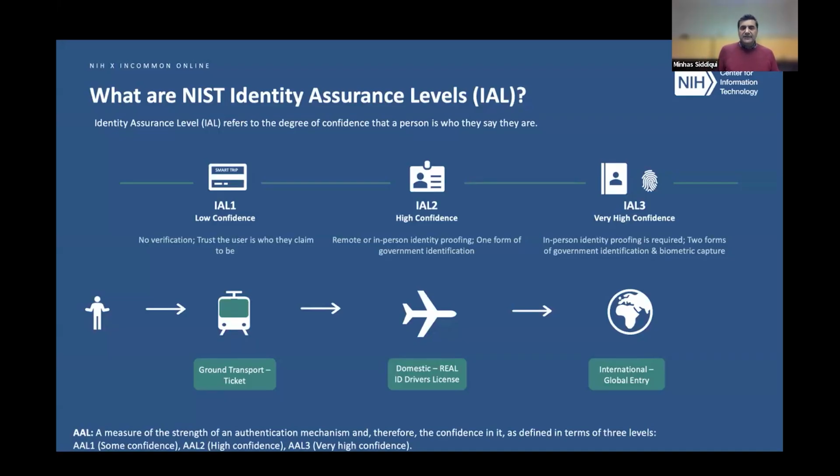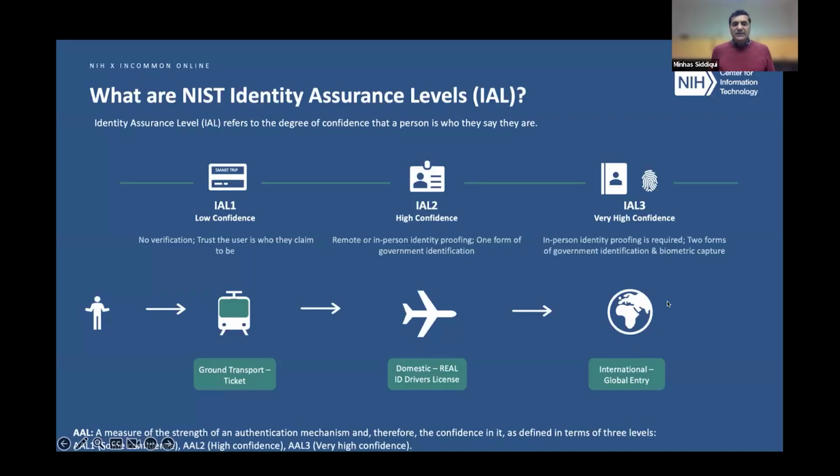NIST levels and analogies. It's important to ground ourselves in the NIST identity assurance levels, or IALs. IALs are a federal standard that define how confident systems can be that a person is truly who they claim to be. This matters because identity assurance underpins trust, access, attribution, and compliance across NIH systems.